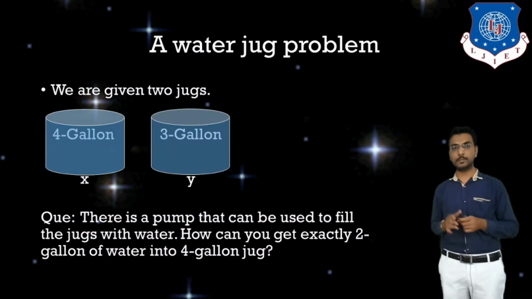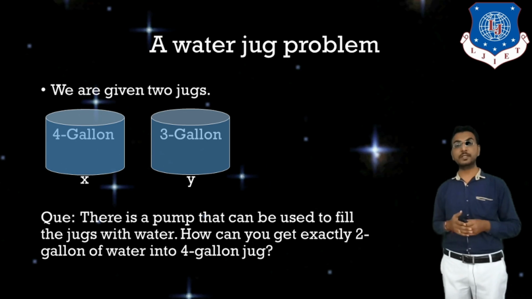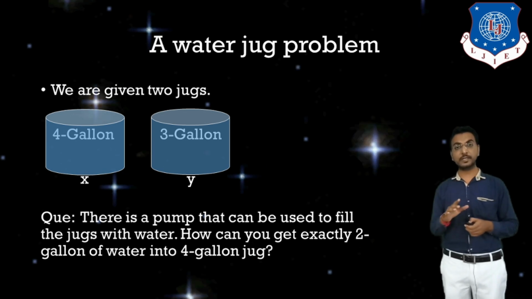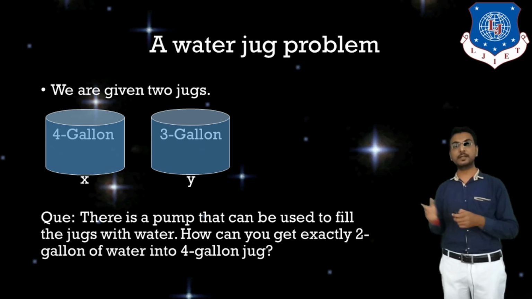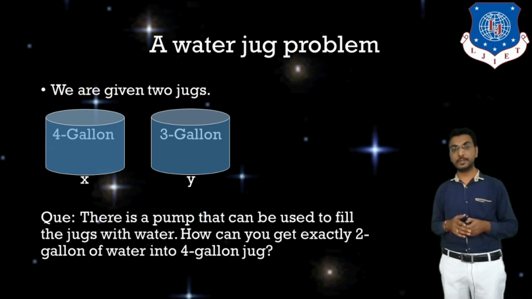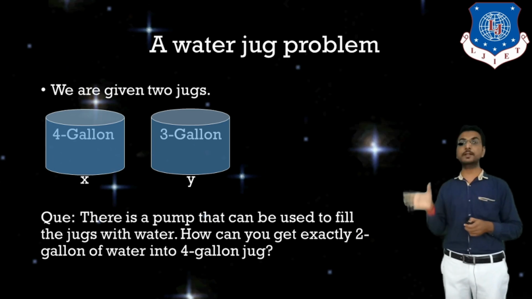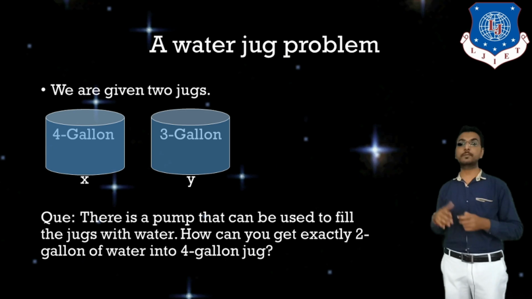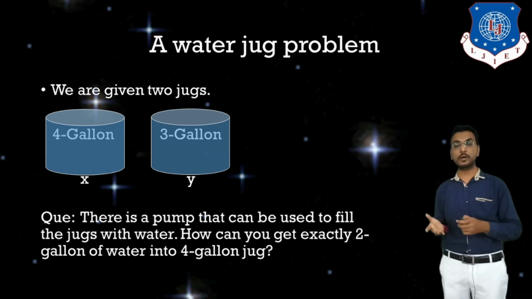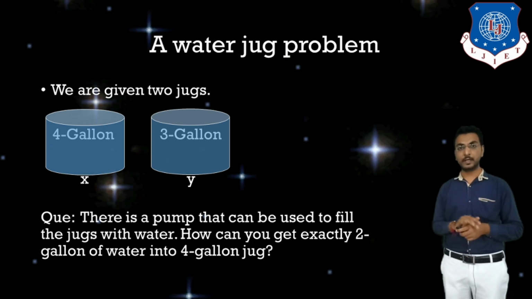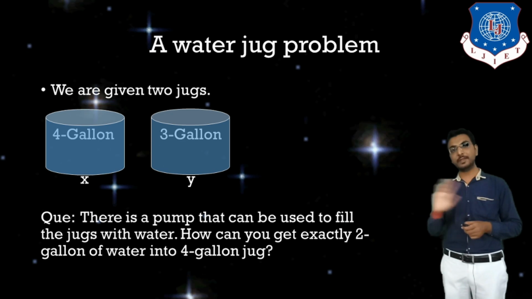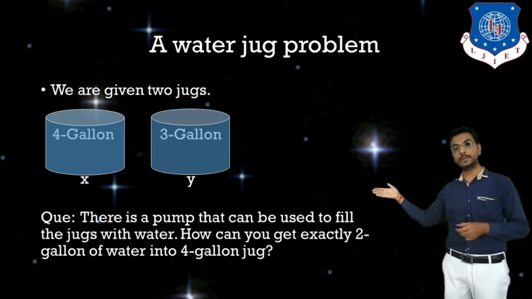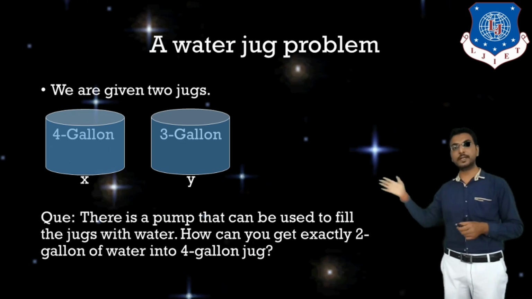There is a pump which can be used to fill the jugs. The 4-gallon and 3-gallon jugs can be filled fully or emptied fully. We do not have any measuring instrument for filling the 4-gallon and 3-gallon jugs.